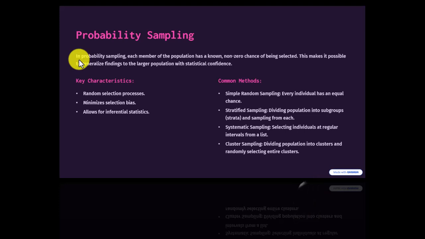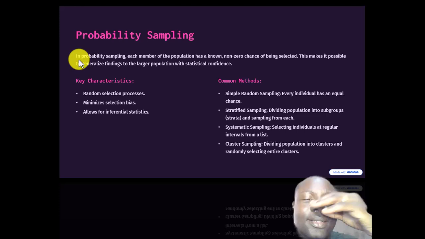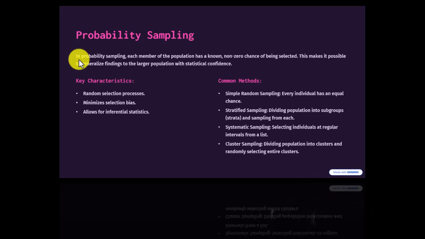The key characteristic is that there is a random selection process. This minimizes selection bias. Everybody has equal chance and it allows for inferential statistics to be carried out.